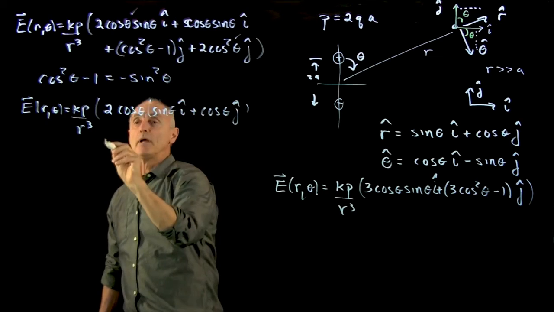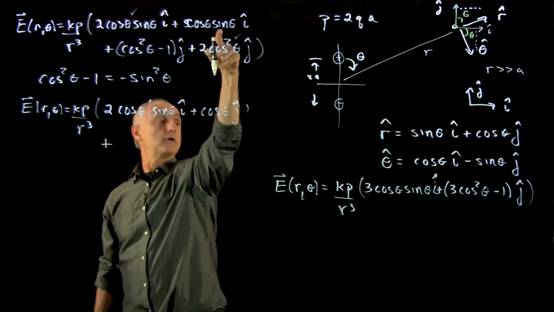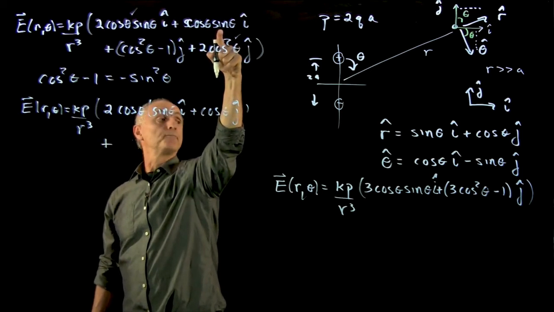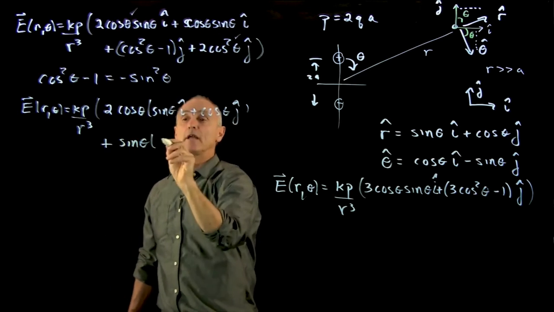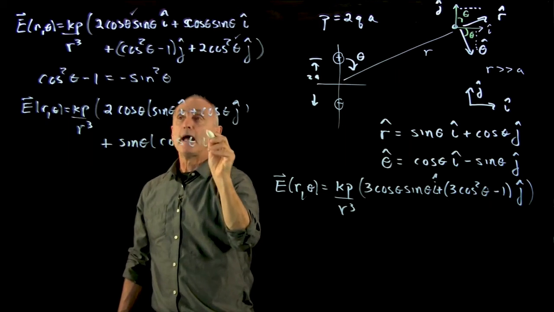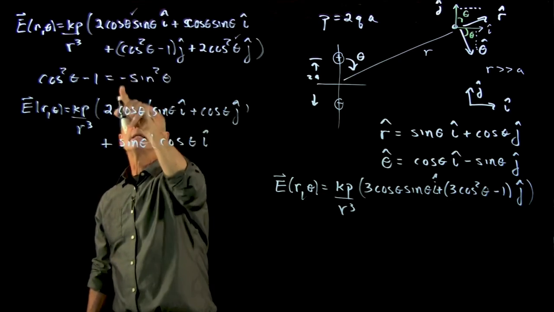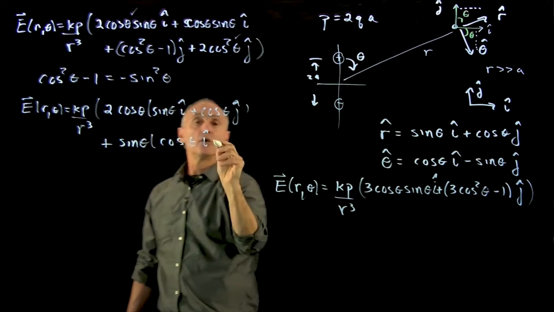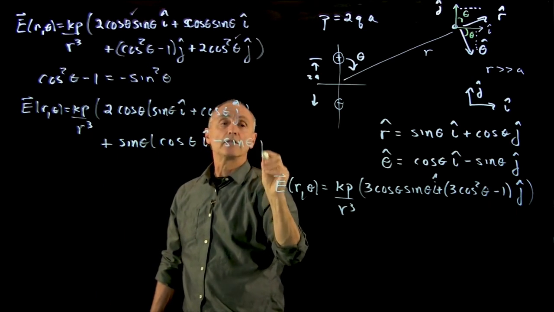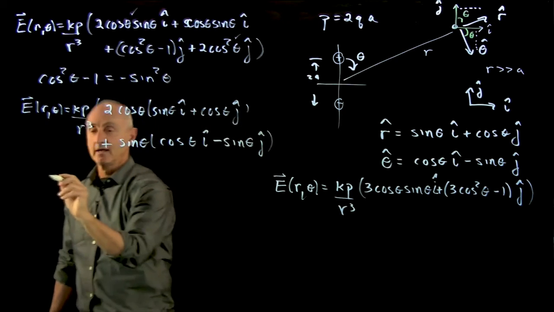And the second term, I'm going to pull out a sine theta. And I have cosine theta i hat. But remember, this is minus sine squared theta. I'm already pulling out a sine theta. So I have a minus sine theta j hat.